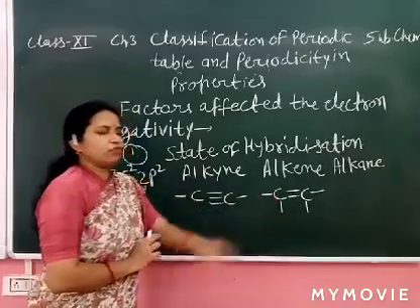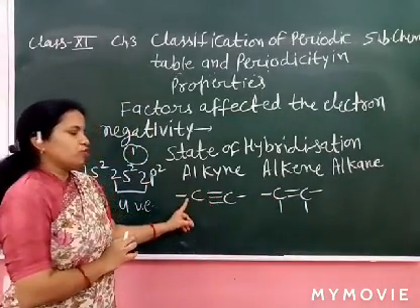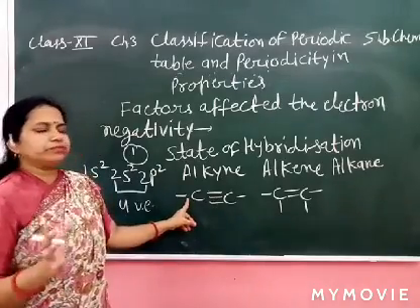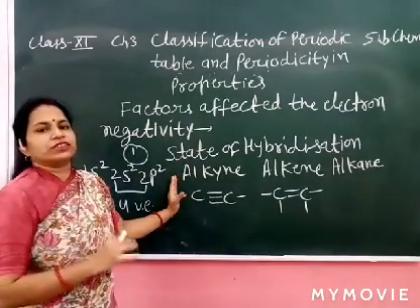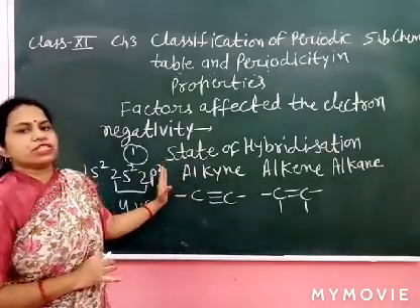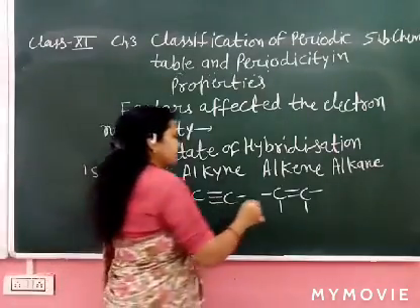So there are 4 bonds: 1, 2, 3, 4. Each carbon forms how many bonds? Four, because it has 4 electrons in the outermost shell for sharing with other atoms.